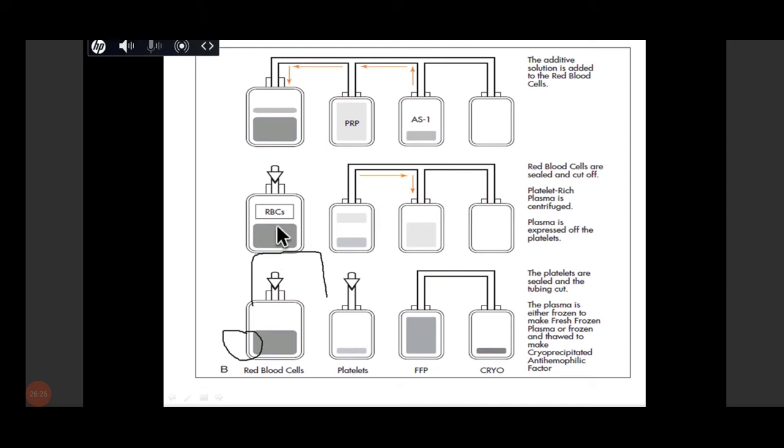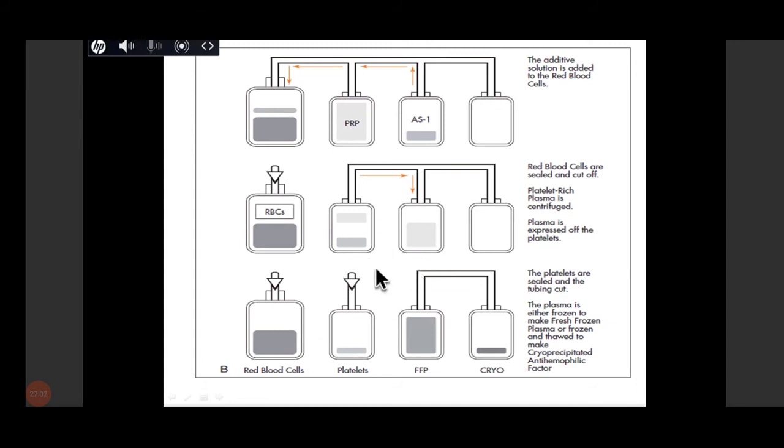So the first component that you get is your red cell concentrate, which is detached. After this, you have the platelet-rich plasma. The platelet-rich plasma is again spun, centrifuged, and the platelets settle down. The plasma is at the top. So you express it out to the other container, and the container rich with platelets is now sealed off.